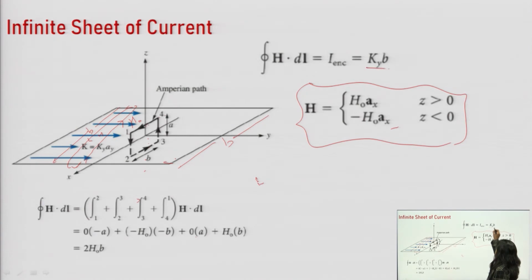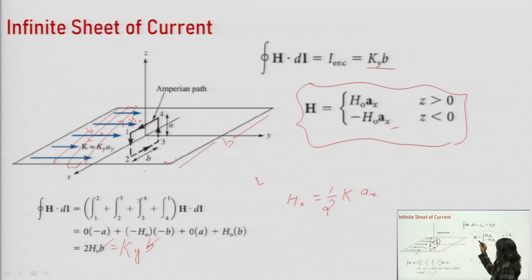However, on the right side we have K_y b, the current flowing, so we equate 2 H naught b to K_y b. Now this b and this b will cancel out, and finally we get the value of H naught as 1 by 2 K. The direction of H naught we have already obtained with the help of the right hand thumb rule as a_x, so we write it a_x.